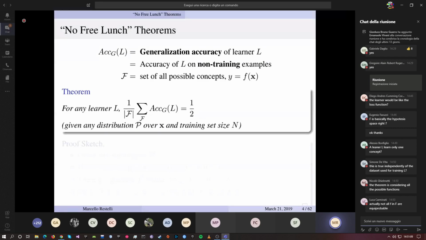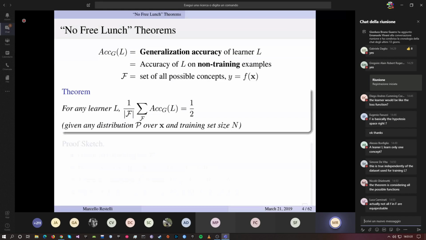And so you have no hope in that case. So machine learning is based on the implicit assumption that not all the possible target functions, in this case, all the possible concepts, have the same probability.